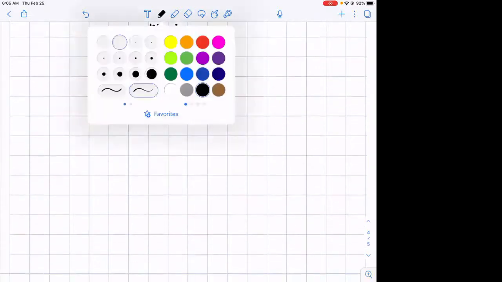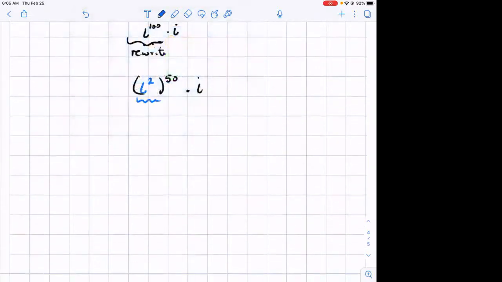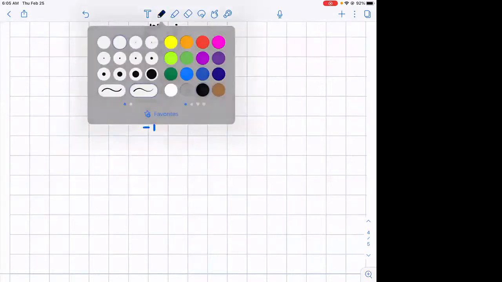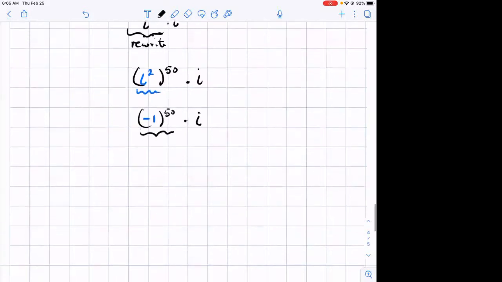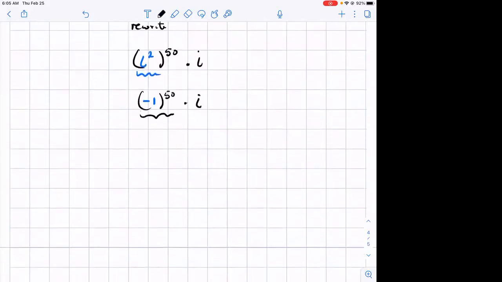And then we know that i squared is minus 1. So what is minus 1 raised to the 50th power? Minus 1 to the 50th power will become a positive 1.